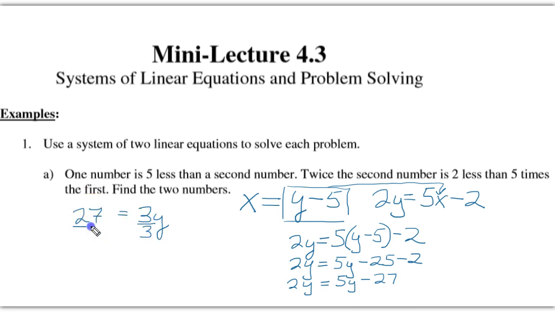Divide each side by 3, and we get that y equals 9. So we have one number. Well, if y is 9, we can put that 9 right here in this equation. X equals y, we say, is 9, minus 5. X equals 4.